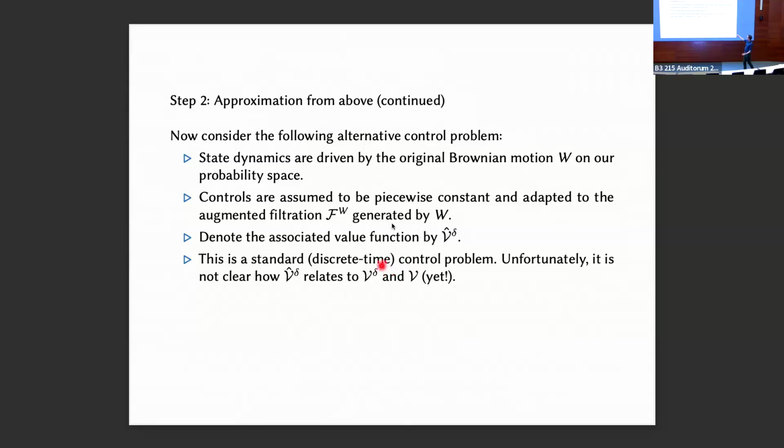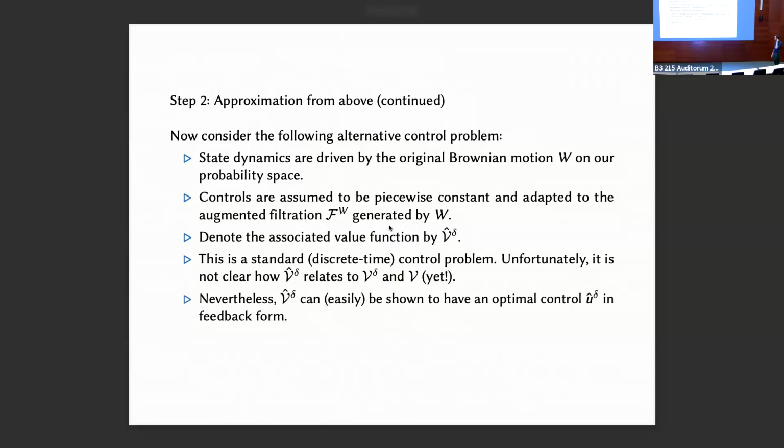But what is nice about this problem is that this is pretty standard. Piecewise constant means that you can embed it into a discrete time control problem. And the assumptions that we are imposing are nice enough so that you can really solve this quite easily. You can show that piecewise constant with fixed filtration and Brownian motion has an optimal control. And the important thing is in feedback form.